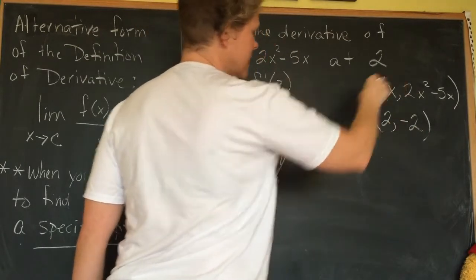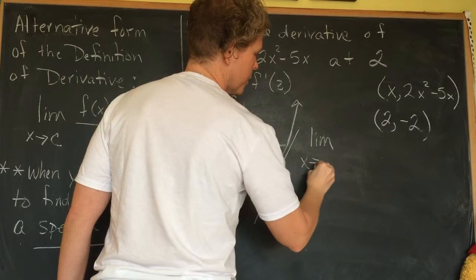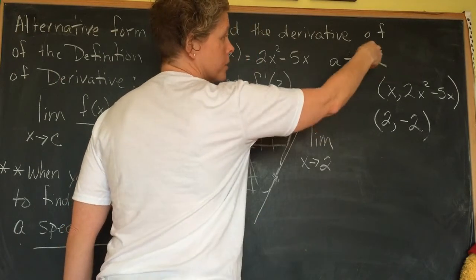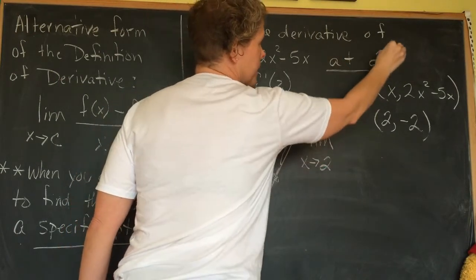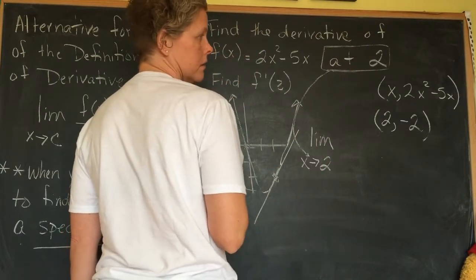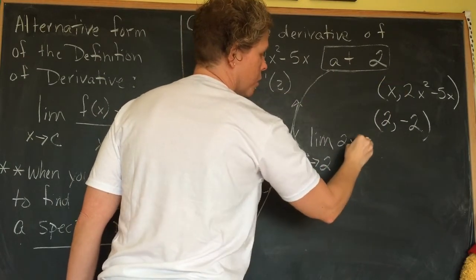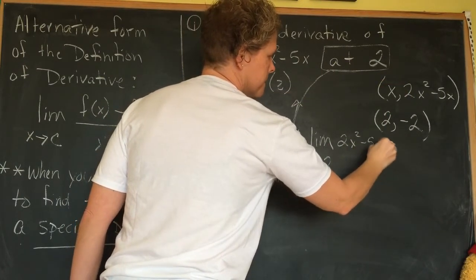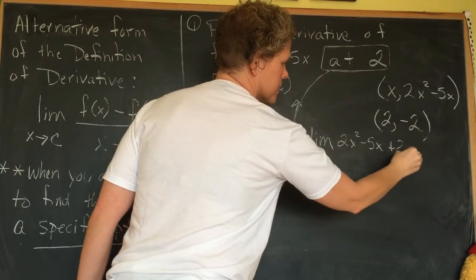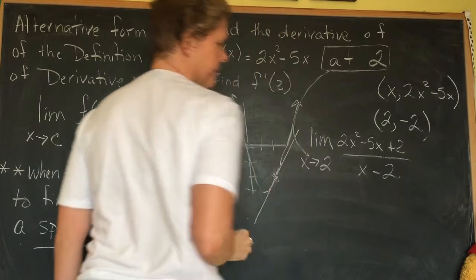So now I'm just taking the limit as x approaches 2. It's always going to be given to you in the problem. So wherever it's happening at, that value is going in here. Now I'm going to take the slope of those 2 points. So y minus y, so that turns into a plus sign, all over x minus x.